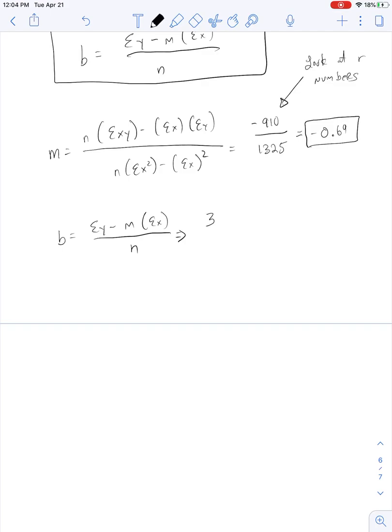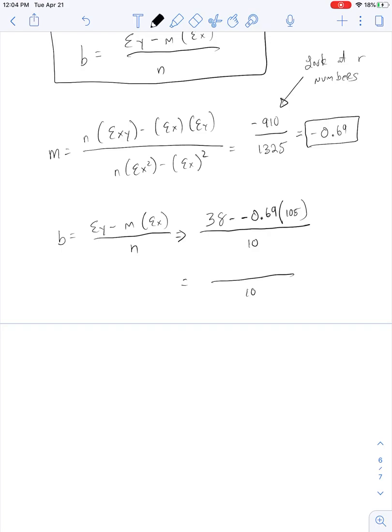And we also found our M. So this is 38 minus negative 0.69 times 105 over 10.